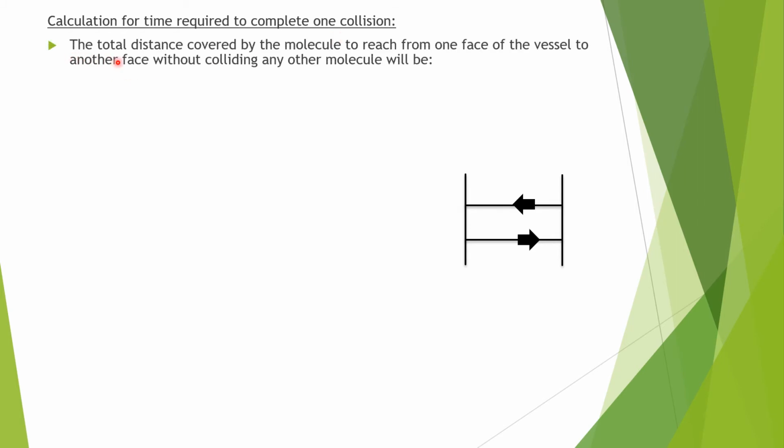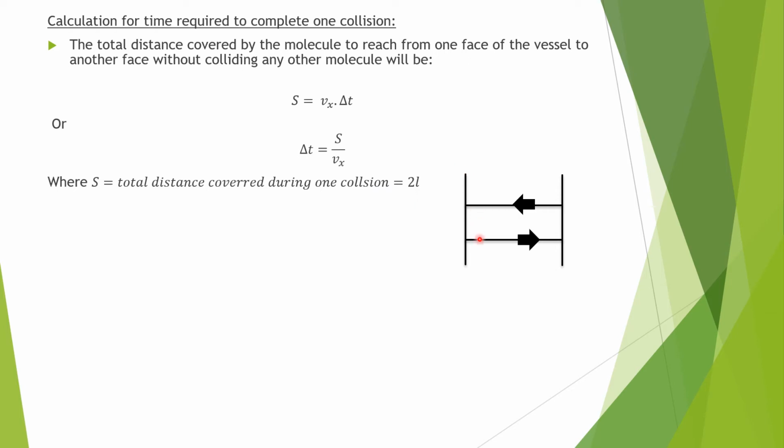The total distance covered by the molecule to reach from one face of the vessel to another without colliding with any other molecule is s equals vx times delta t, where vx is the velocity of the molecule and delta t is the time in which a collision occurs. Rewriting in terms of delta t, delta t is equal to s upon vx. This s is the total distance covered during one collision, which is 2l.